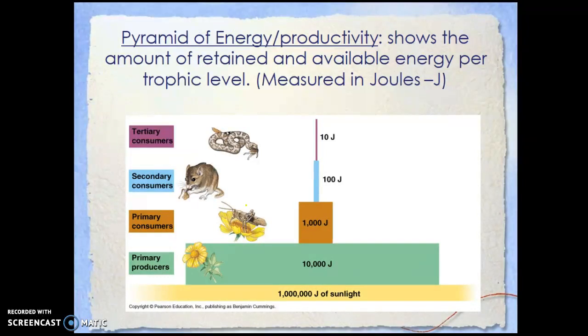And a lot of times we can show these in pyramids. If you look down here, we have joules, which is a measurement of energy. Every time we go up a trophic level, we're only getting 10% passed on. The rest of it is lost as heat.